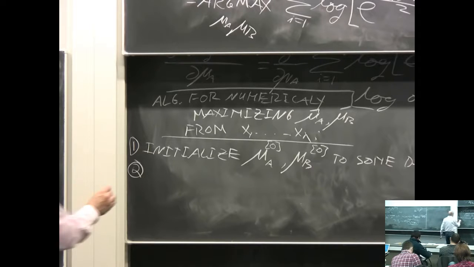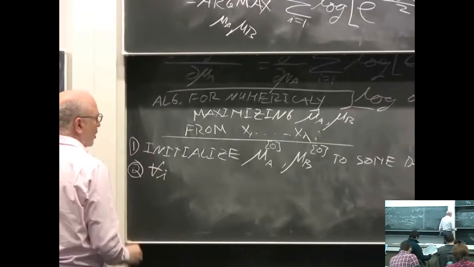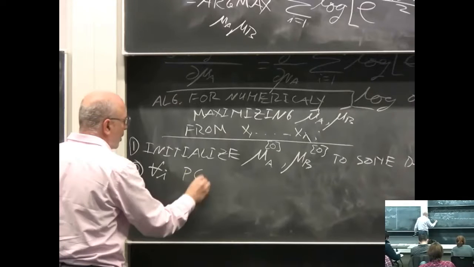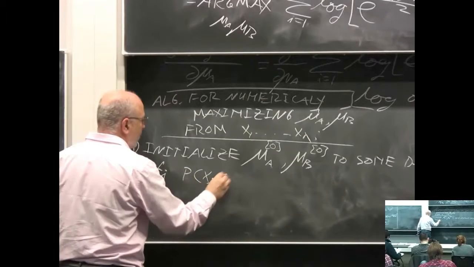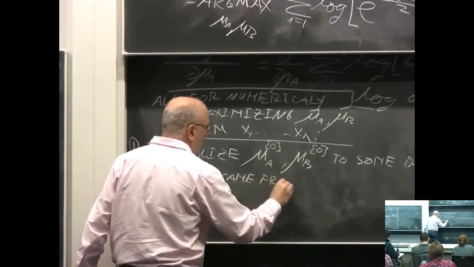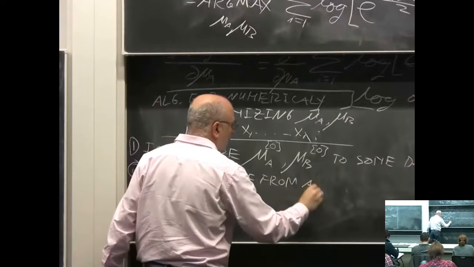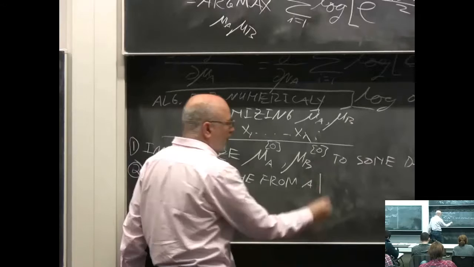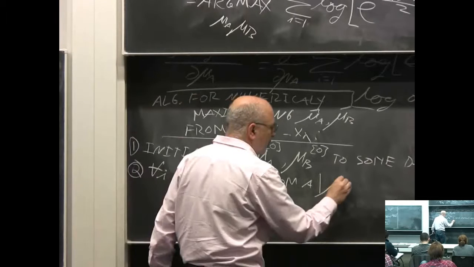So that means that for every i, you calculate the probability that xi came from A, conditioned on the current value of the mu's.